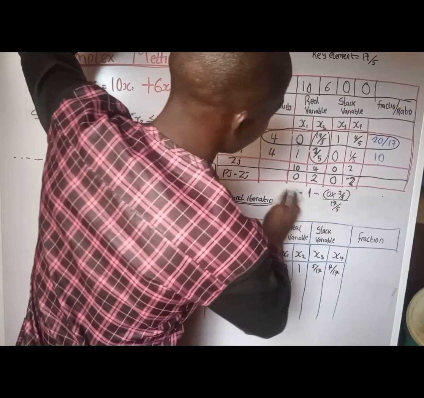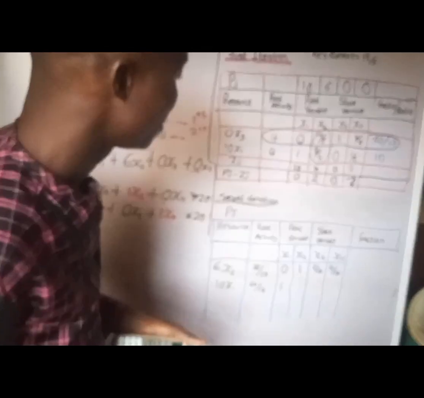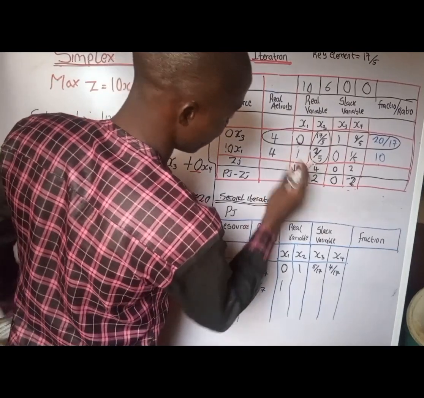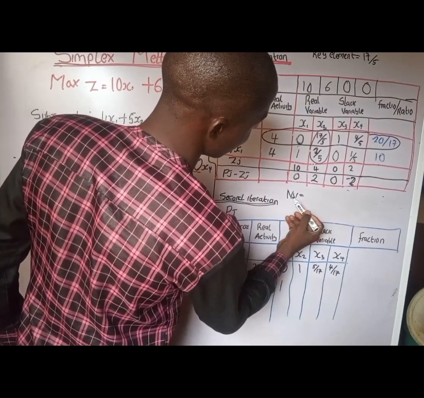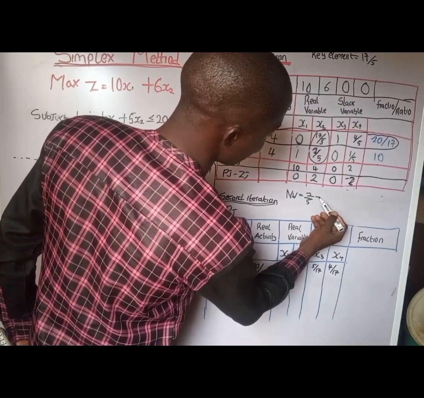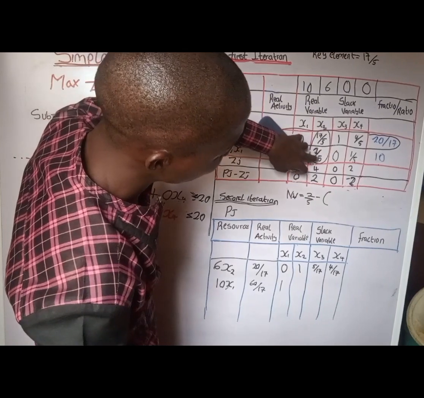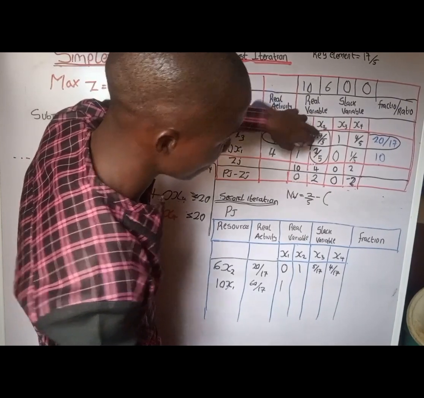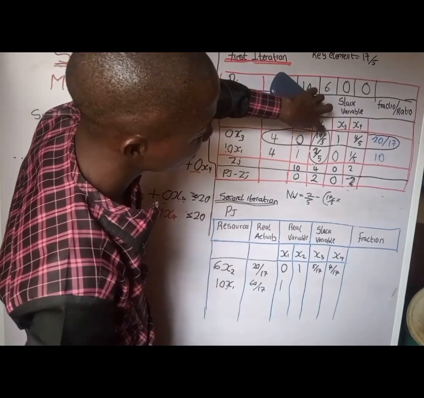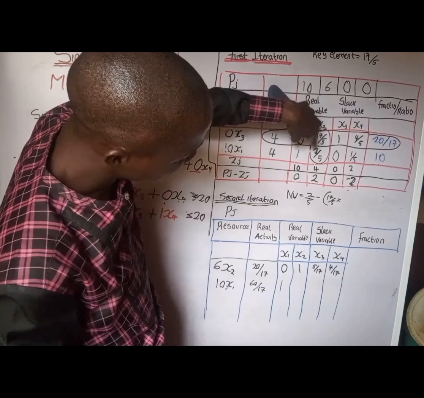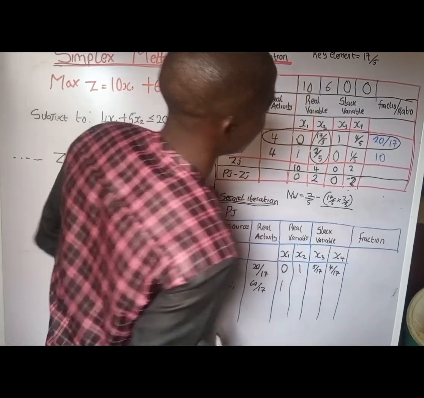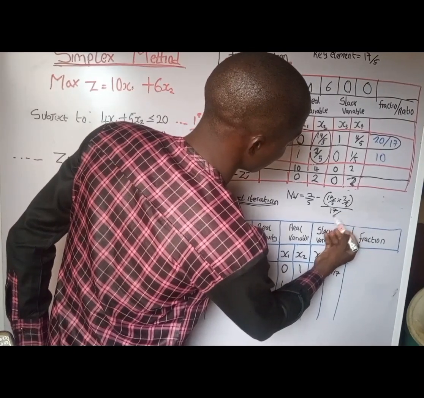If I want to get the new value for this 2 over 5 itself, it will be the old value, which is 2 over 5, minus the product of the corresponding key row element, which is 17 over 5, multiplied by the corresponding key column element, 2 over 5 itself, divided by the key element, 17 over 5.